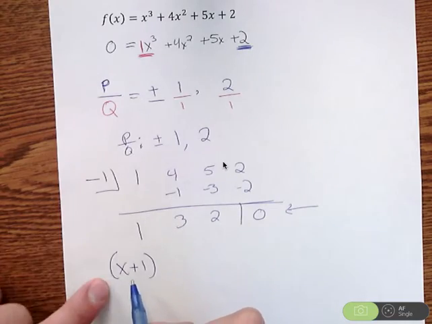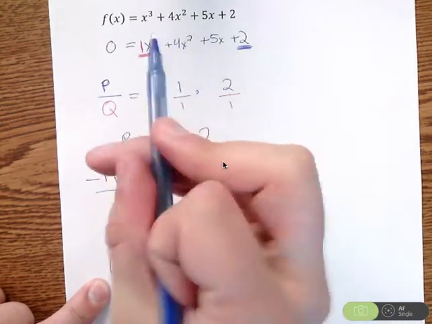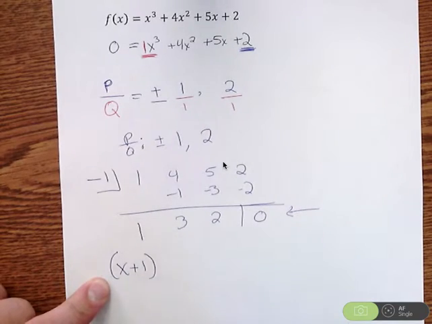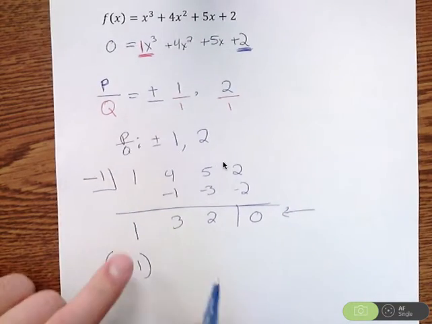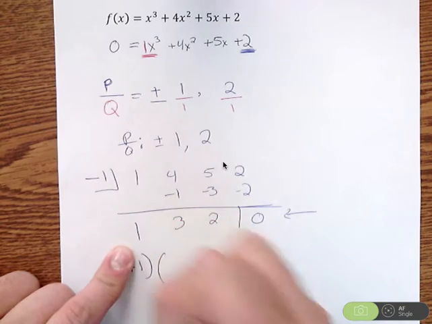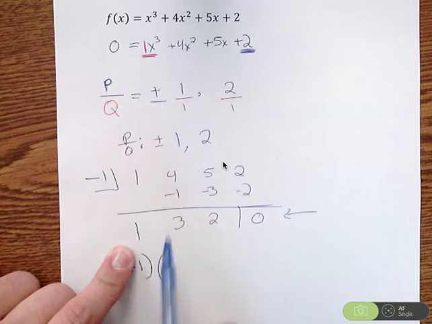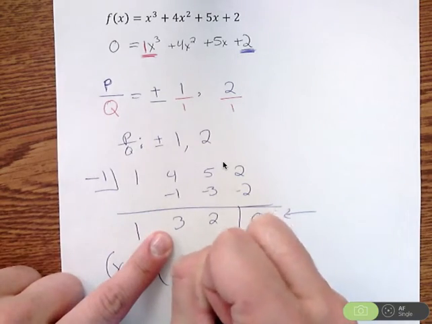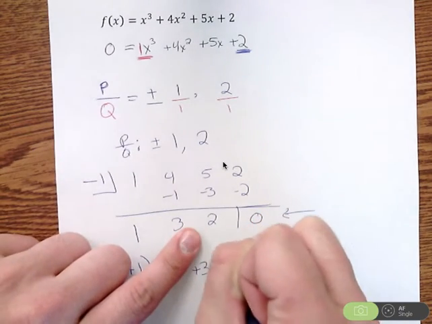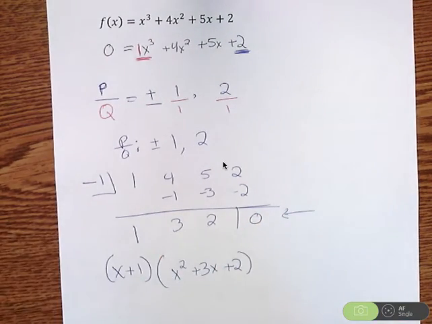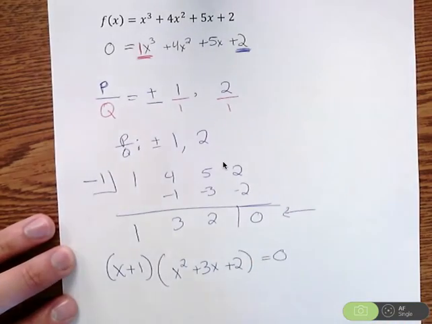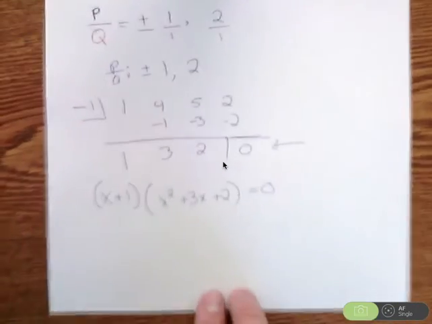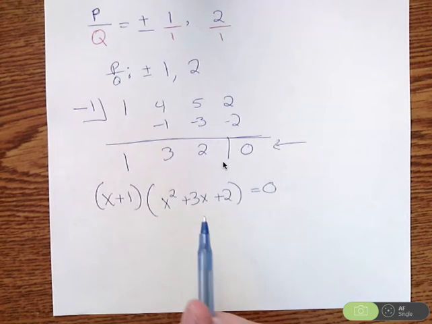So I found one of my factors of this polynomial. Since I couldn't factor it earlier, I know one of them is x plus 1. My remaining piece here, since that was an x cubed, is 1x squared plus 3x plus 2, and this is all still equal to 0. Now that I found one factor, which is great, I'm going to go ahead and try to factor this.